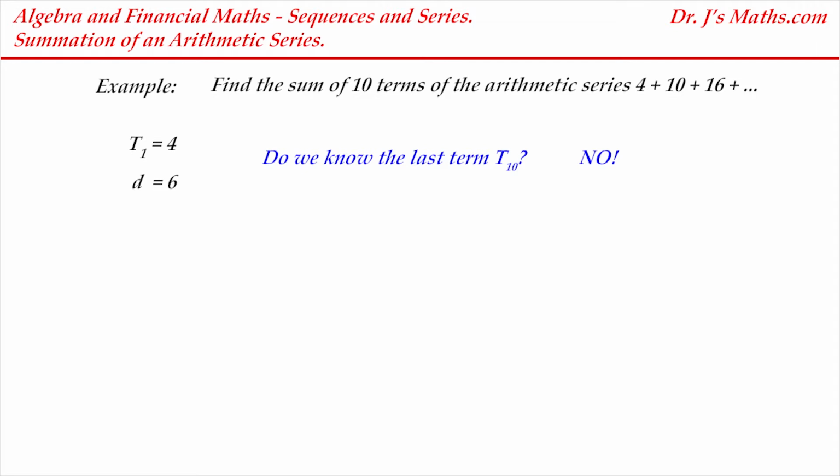So therefore, we use the alternative version of Gauss's formula, and we say that S10 is equal to the number of pairs, 10 over 2, times 2 times the first term, which is 2 times 4, plus n minus 1, which is 10 minus 1, times the common difference, which is 6. Simplify, 310. Easy.